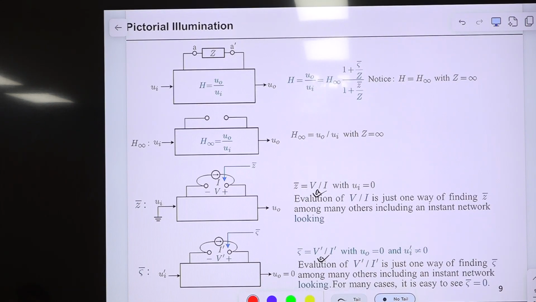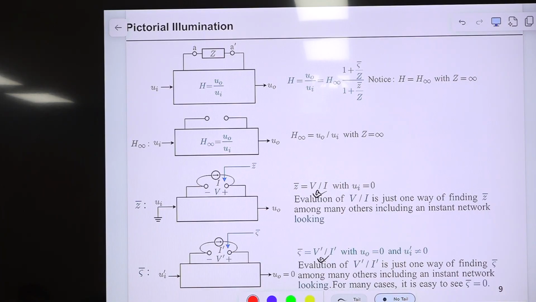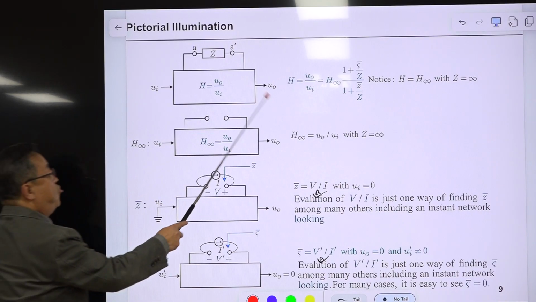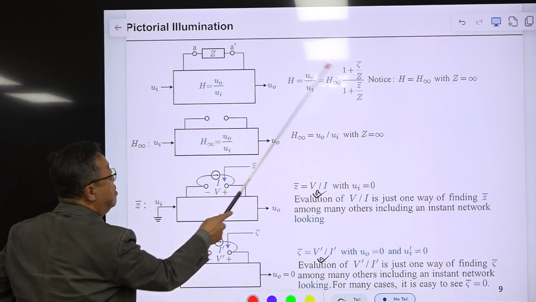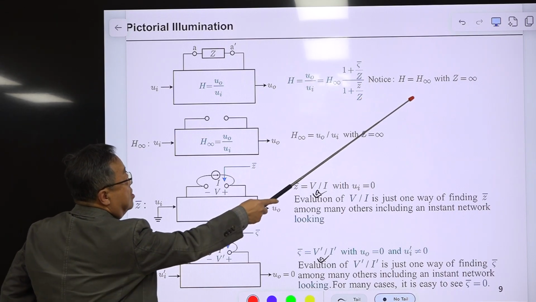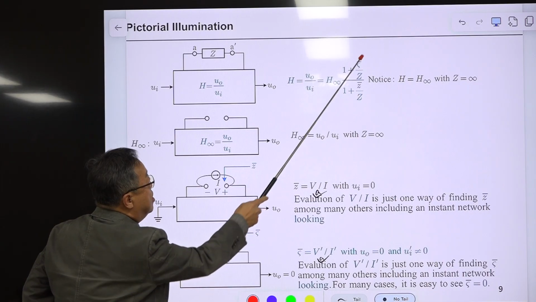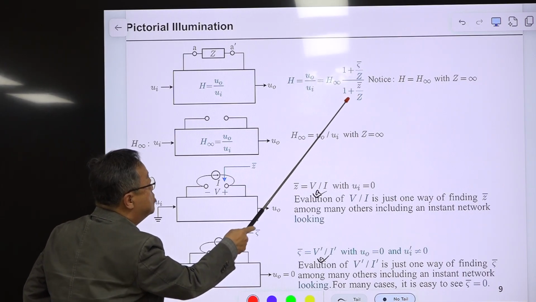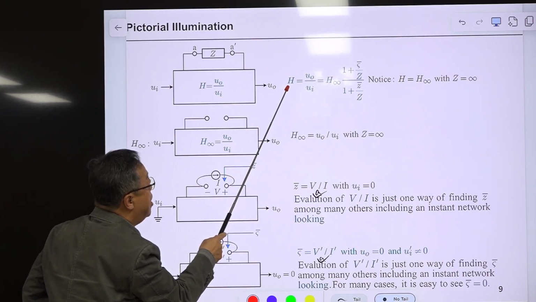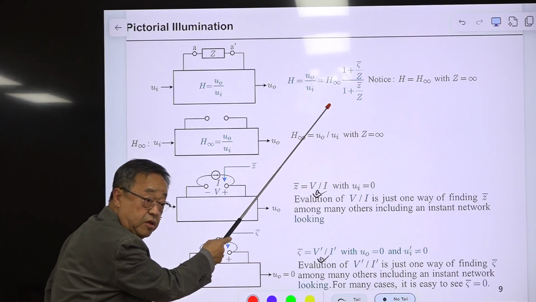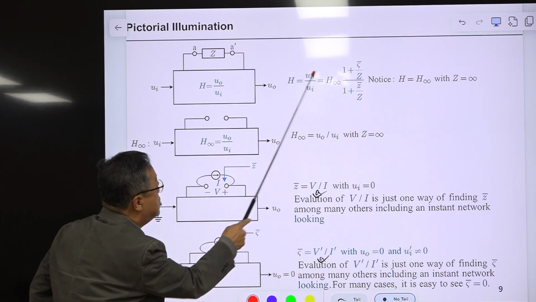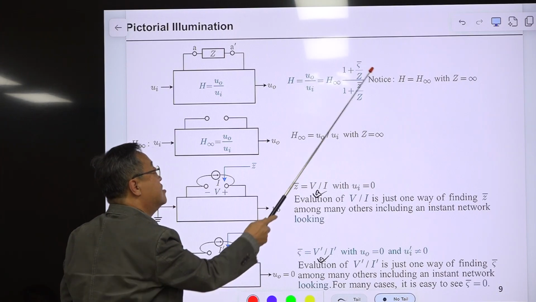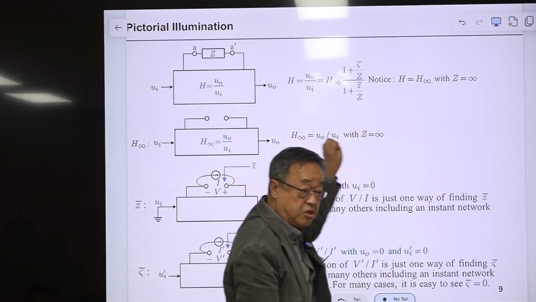This is the pictorial illustration of ET. Now this is very easy. This is the fundamental equation of the ET. From here, if G is infinity, this becomes 1, this becomes 1, then H is the same as H infinity, right? So this is the definition of this one. This is naturally embedded in this expression.